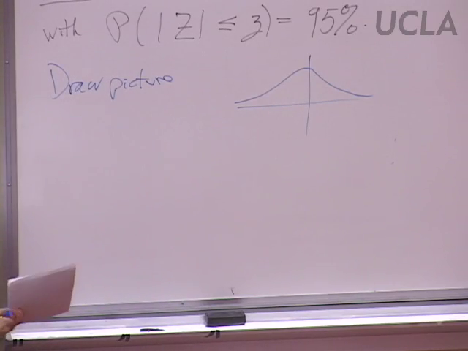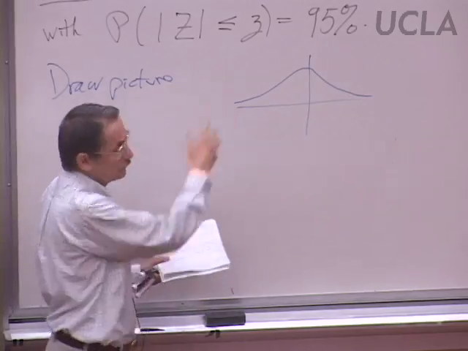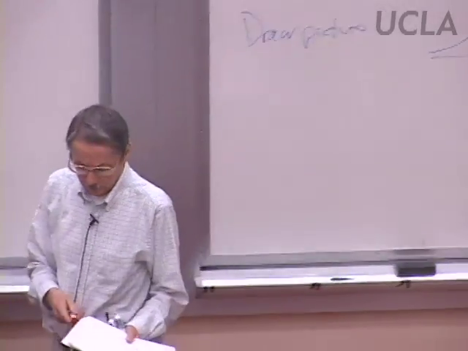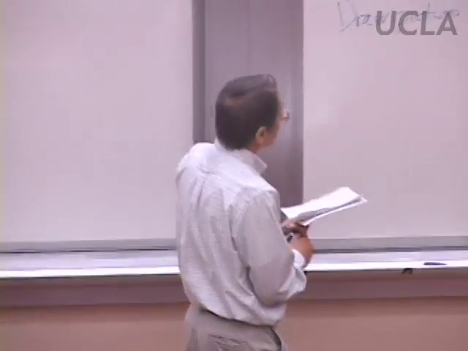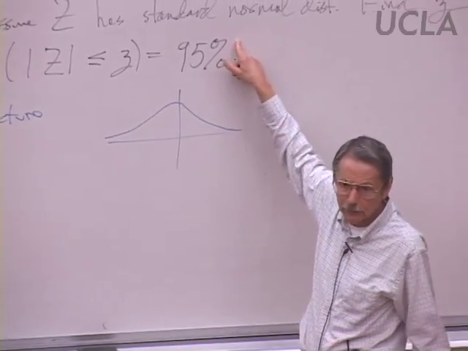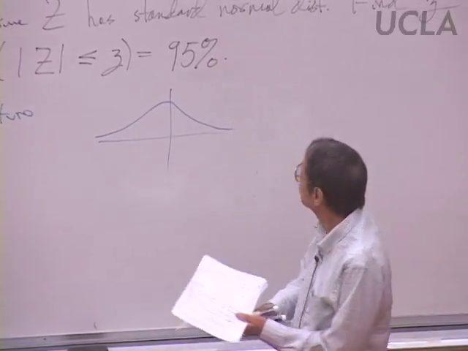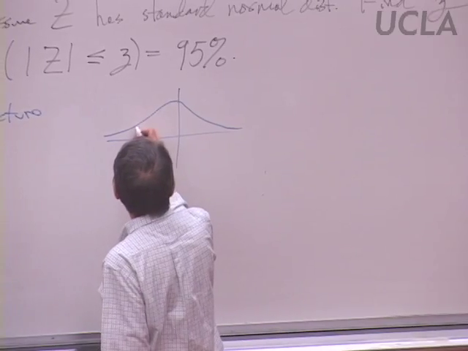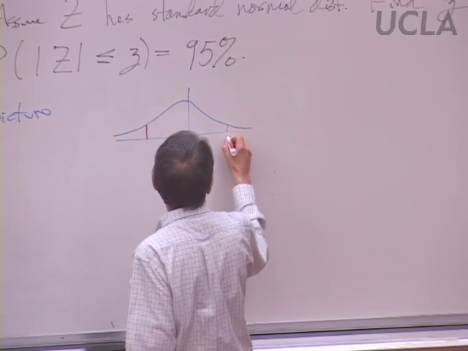And, well, the total area under the curve, of course, is 1. And we want something that's not that far below 1. We want a number z.